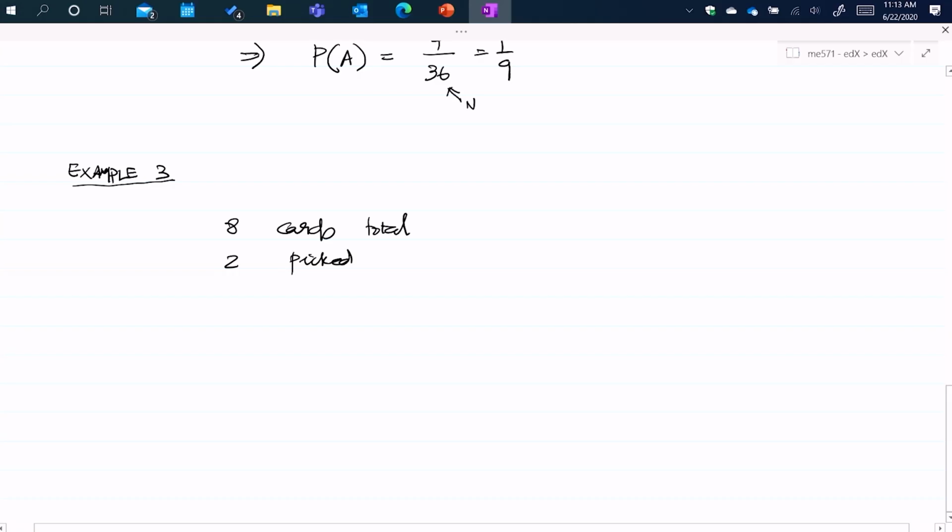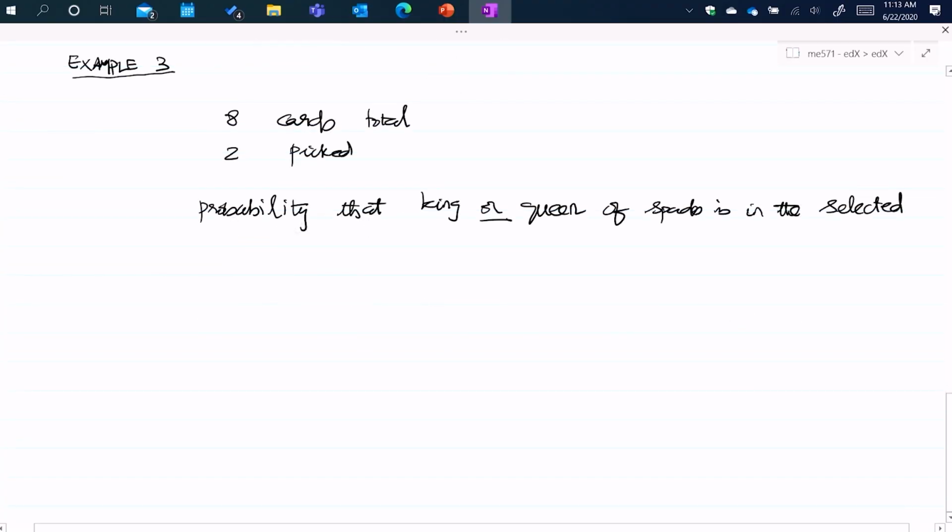And the question is the probability that king or queen of spades is in the selected. So the key word here is "or".